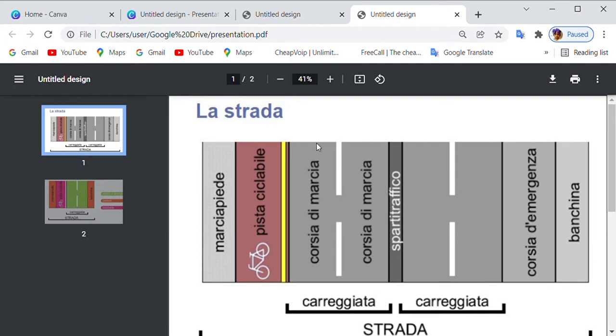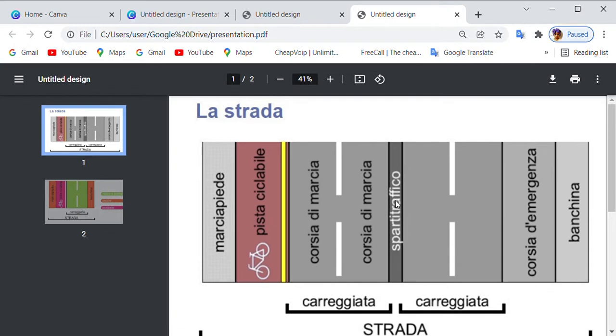The vehicle can go like this, another vehicle comes like this, or the vehicles go the same way. So beginning from here to here, it is called strada.